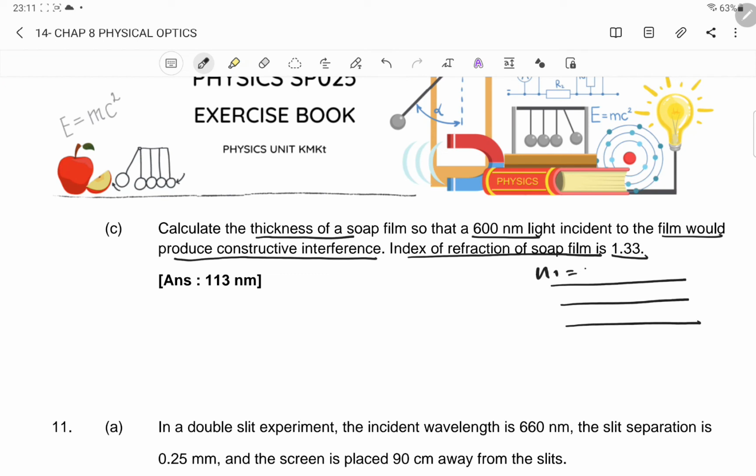N1 1.0, N2 1.33, N3 is 1.0. Okay, incident ray, reflected ray, less dense to denser, phase change. Reflected, reflect. Denser to less dense, so no phase change. So ini adalah anti-phase coherent source dan dia adalah constructive.